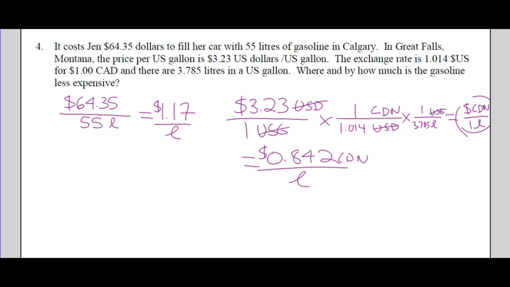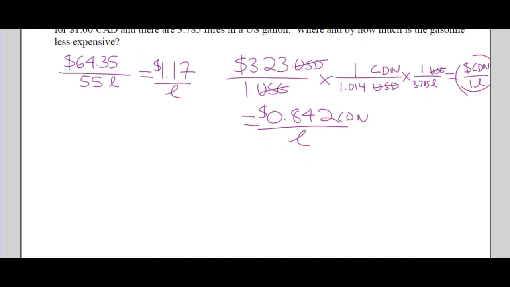And the thing that I'm going to convert it to, they gave me the exchange rate, so I can put Canadian dollars up top. 1 Canadian dollar exchanges to 1.014 US. Good old days, right? Canadian dollars worth more. And then I want to get rid of US gallons. That's on the bottom, so I put US gallons up top, and I want to end up with liters on the bottom, right? We know that because I want to have Canadian dollars per liter. So the US gallons cross off, and we've got 1 US gallon is 3.785 liters.